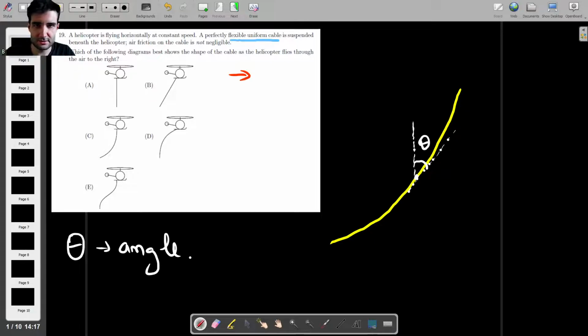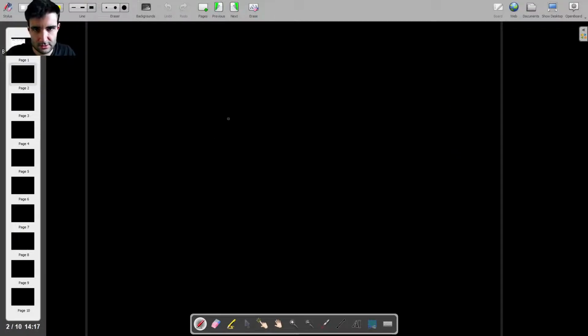So in other words, I'm going to draw a free body diagram of a section of the cable. And the way in which I'm going to do it is I'll consider the cable from here to here, maybe. So let's draw that on this page. So this is just the section of the cable, and normally it would continue upwards.